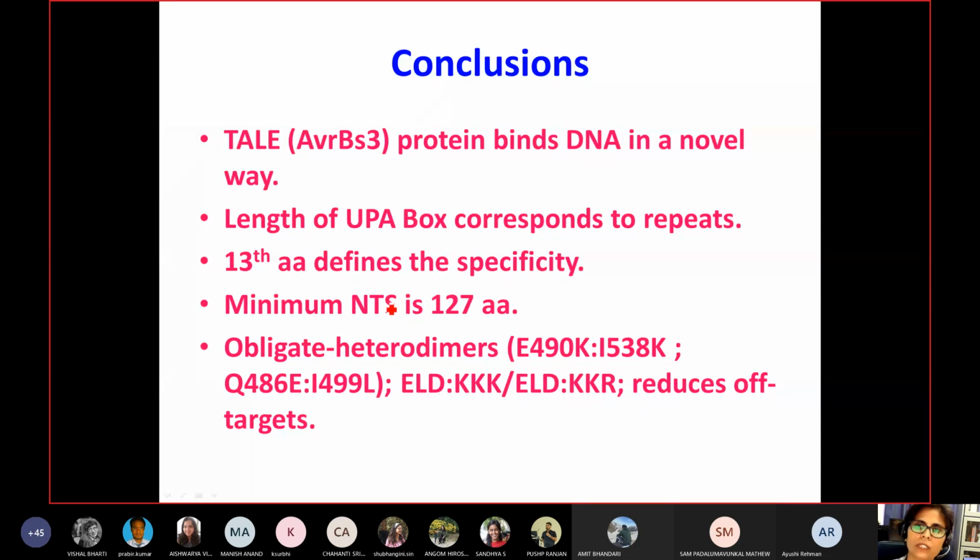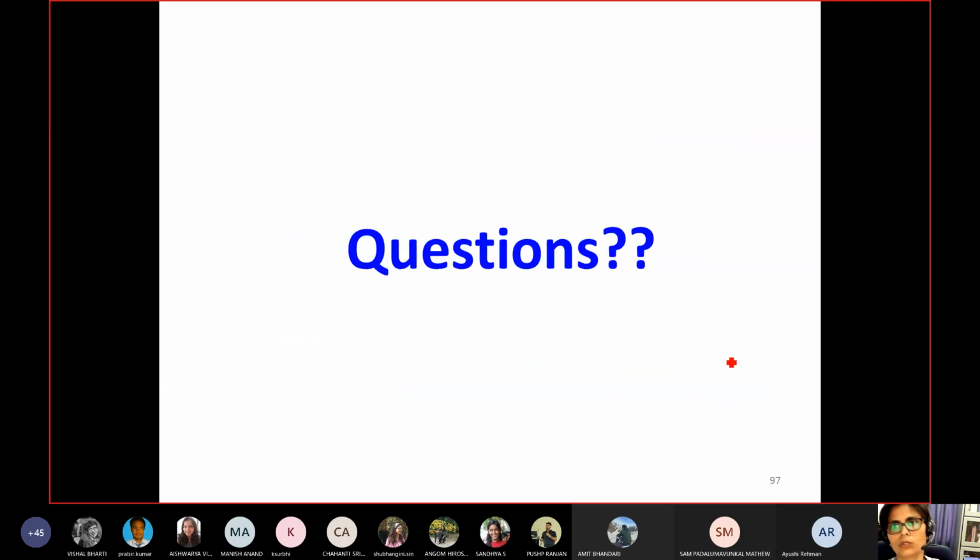Importantly, the N-terminus sequences up to 127 amino acids are important. For making obligate heterodimers, you can create this kind of mutation, and specifically the ELD to KKR mutant gives you the highest efficiency and reduces off targets. So now it is open for questions if you want to ask. With this, I'm completing the TALEN chapter.